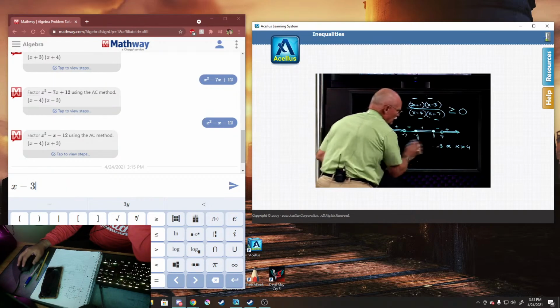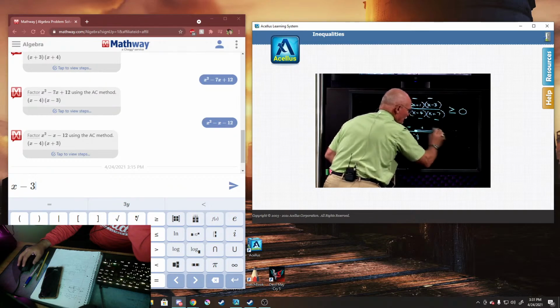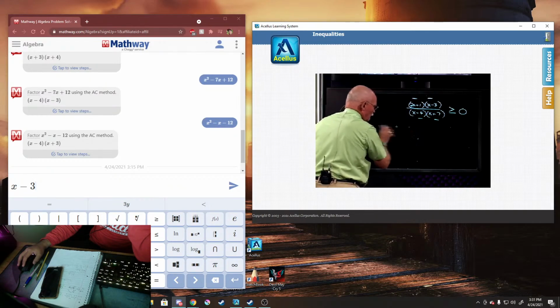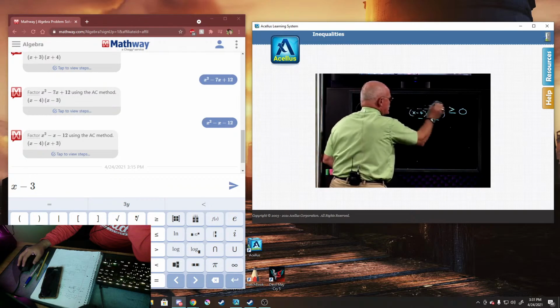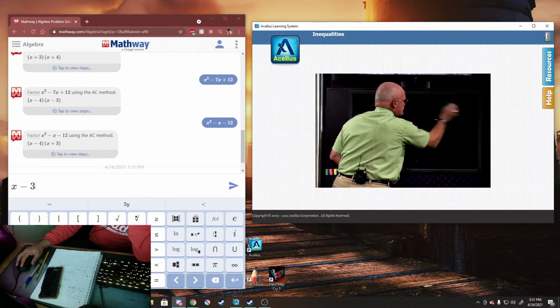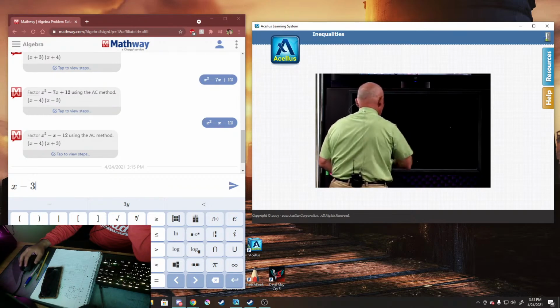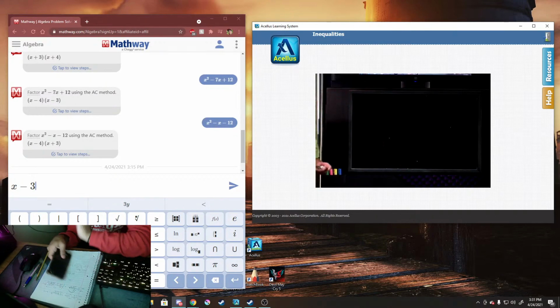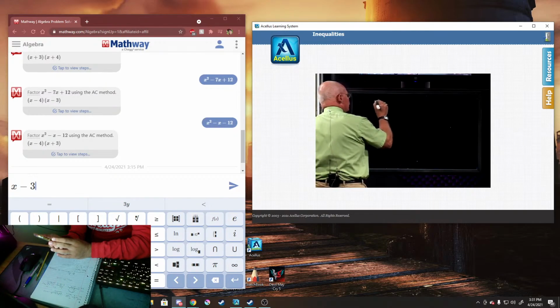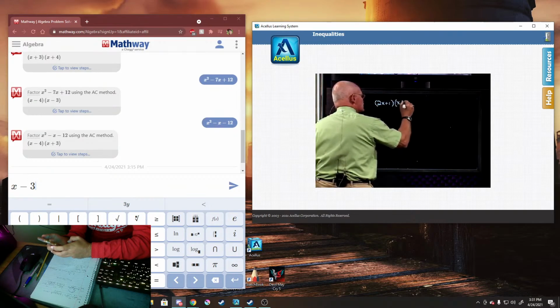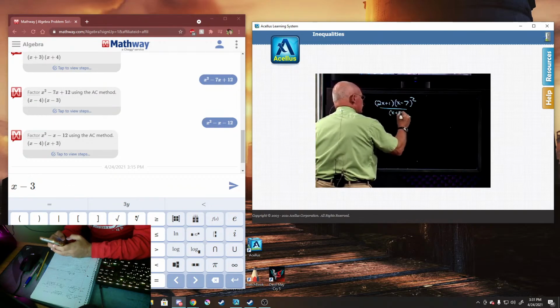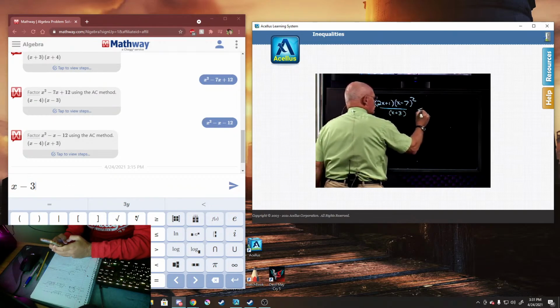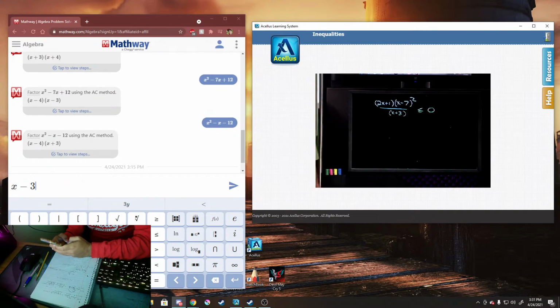Let me show you another example. Let's say we have 2x plus 1 times x minus 7 squared over x plus 3, and this time I'm going to make it be less than or equal to 0.